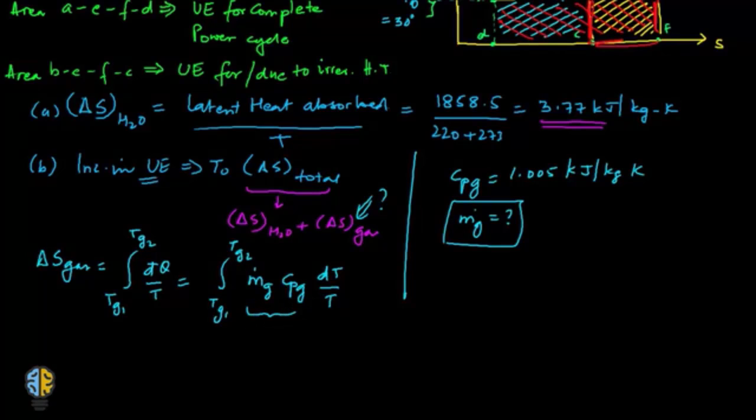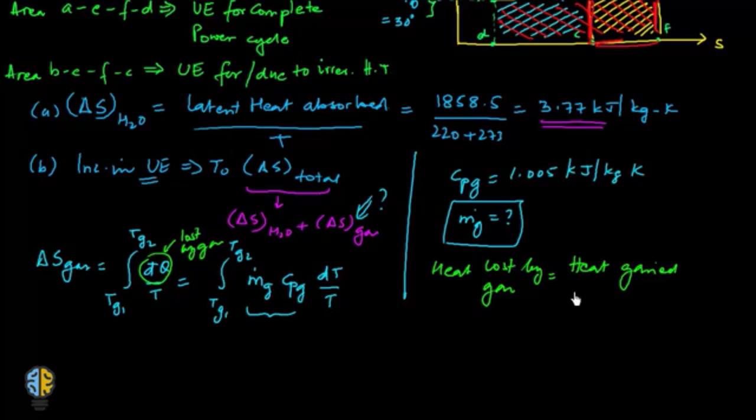Now there's one thing: whatever heat is transferred from the gas is absorbed by the water. So this is the heat that is lost by the gas. The amount of heat lost by the gas is equal to the heat gained by the water, and that is the latent heat.